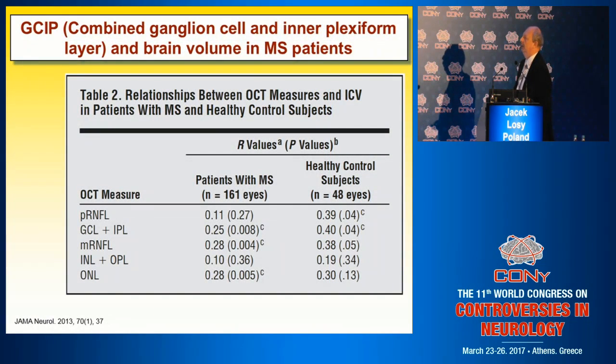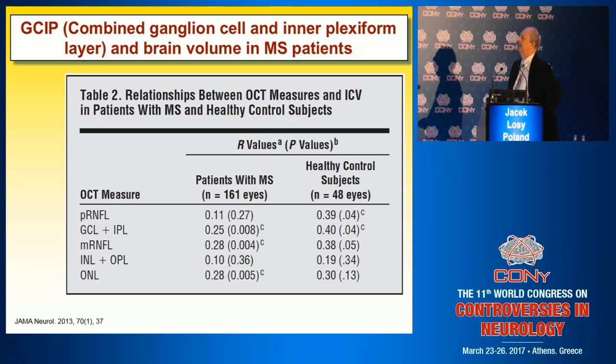Also, what was maybe not mentioned before, and is important information, is that there is a relation between macular RNFL and the intracranial volume, especially gray matter volume in MS patients, as well as a correlation between the ganglion cell layer and inner plexiform layer.